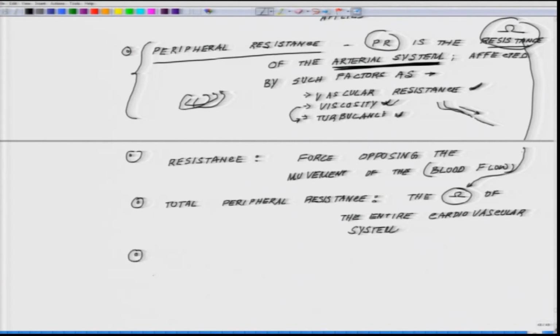Next is your turbulence. We haven't still defined turbulence.